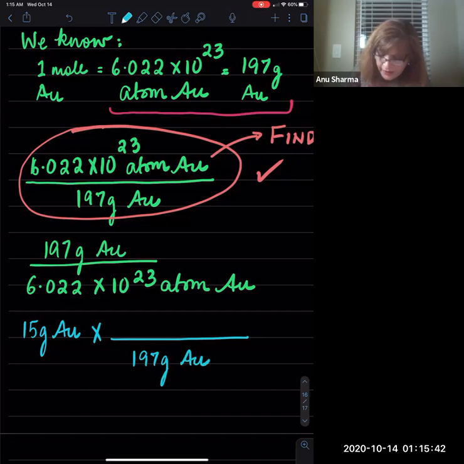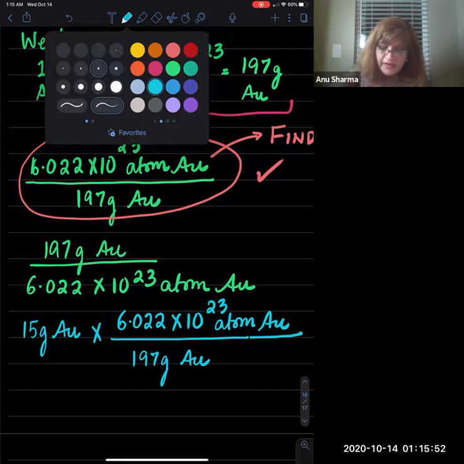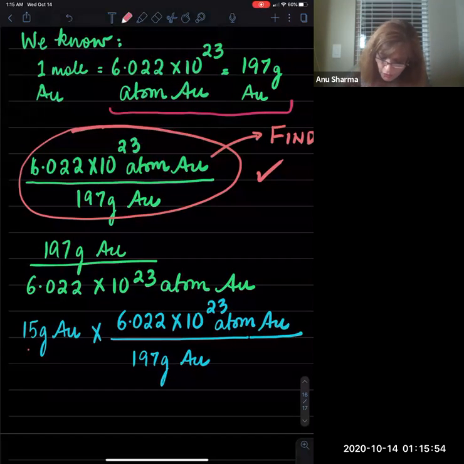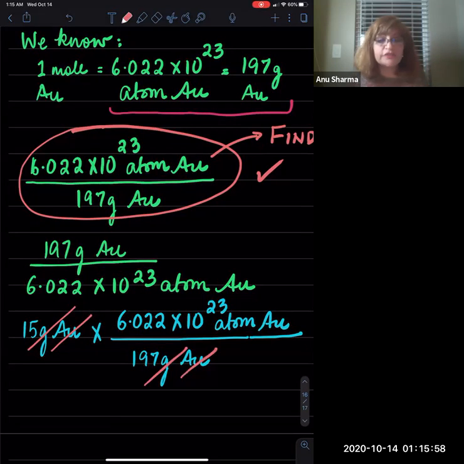Get rid of that one. This is what we need to find, the atoms of gold. And what do we see here? The grams and grams of gold cancel out. These two units cancel out.